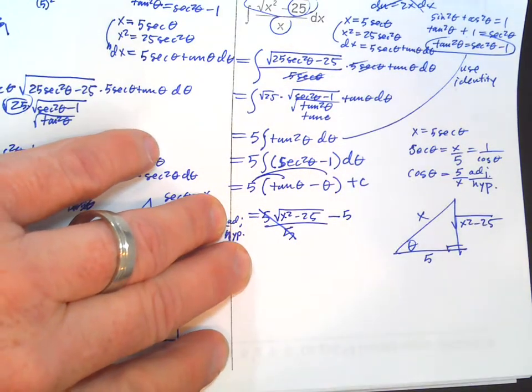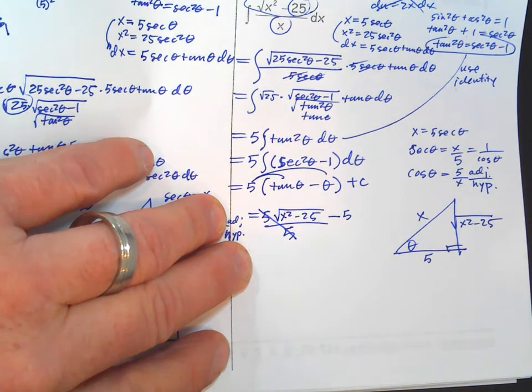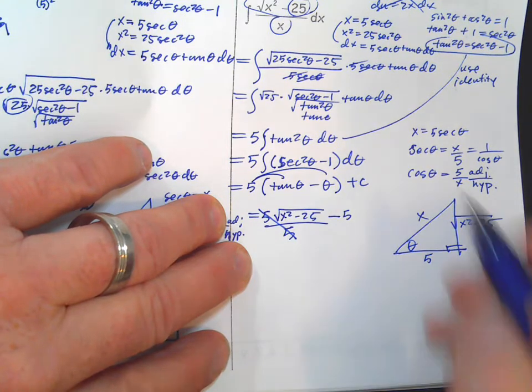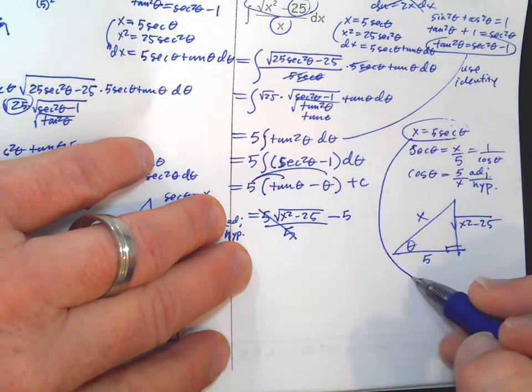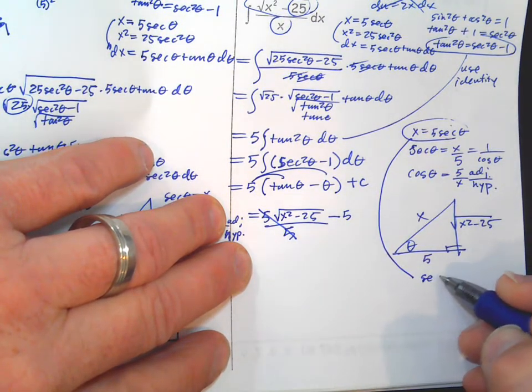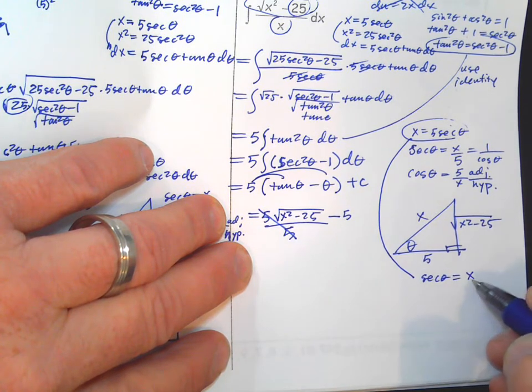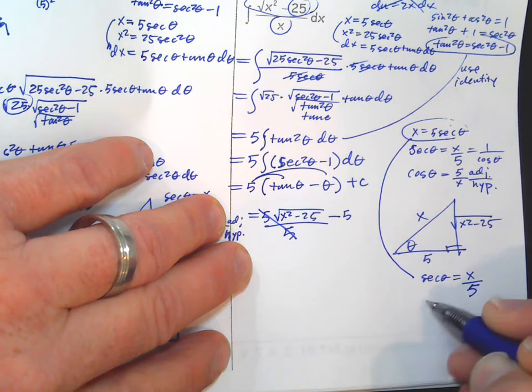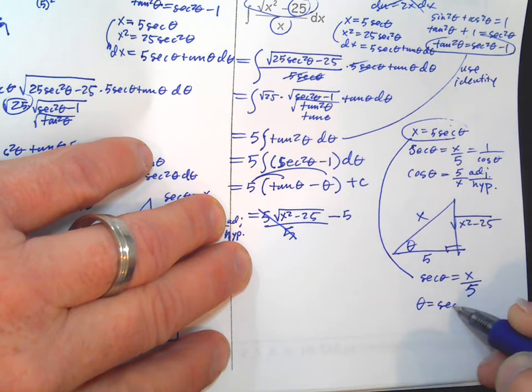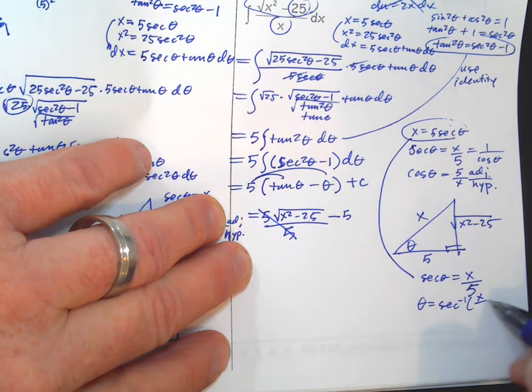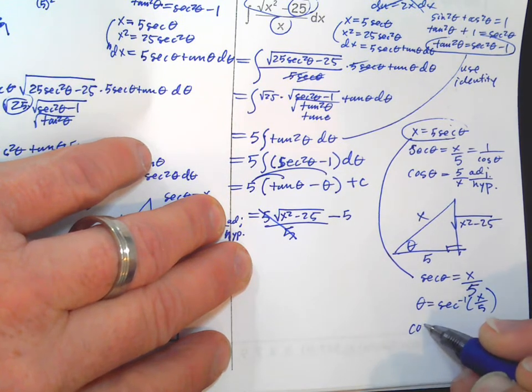Now, what do we put in for theta? Well, up here, if you want to solve for theta in terms of x, secant theta equals x over 5. So you could do theta equals inverse secant of x over 5, or you could use cosine theta.